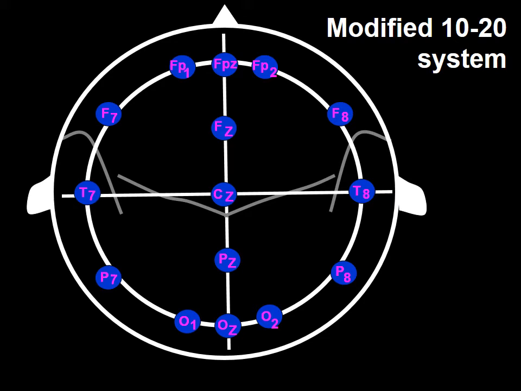This is how the imaginary diagram of the head would look once this bunch of electrodes are in place. As you can see, I have colored the inner circle in green and added 10 new electrodes.